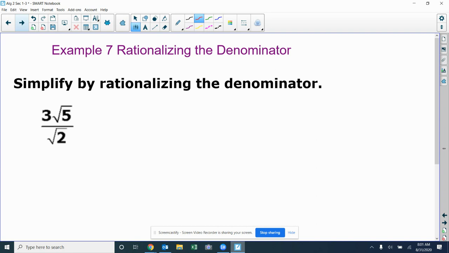So there's what we're talking about, a situation where a radical is in the denominator. Walk you through this one. Some of them can be a little harder than others. So really, as we did the previous problems, there's nothing we can do with the square roots here. It's just kind of down there, so we're gonna have to do something with it. Okay?